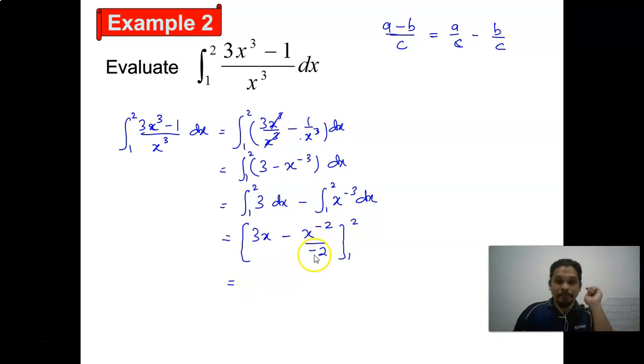If I simplify this, 3x minus negative, negative comes out with positive, 1 over 2x squared from 1 until 2.